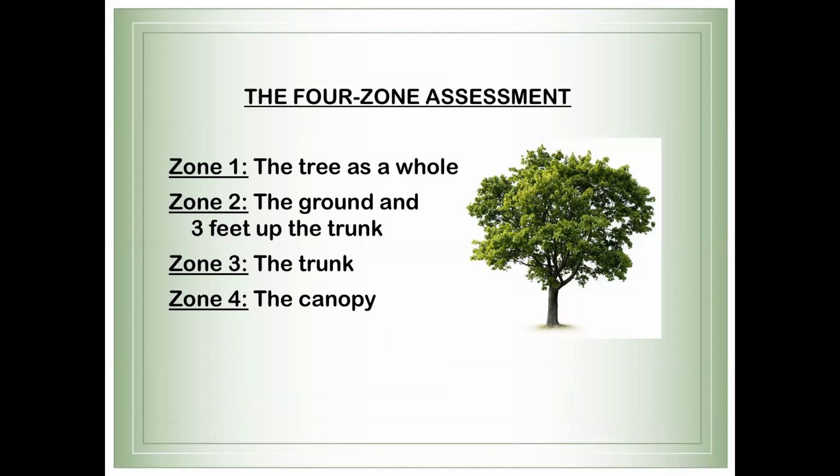So when you're assessing a tree, when you're looking at a tree closely, I've broken tree assessment into 4 different zones. And the reason I've broken it into 4 different zones is because there's so much information about trees and how they live and the different parts of a tree.